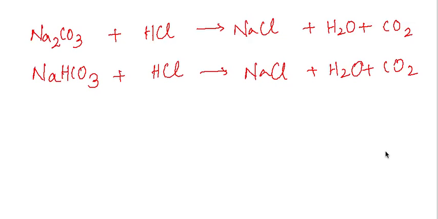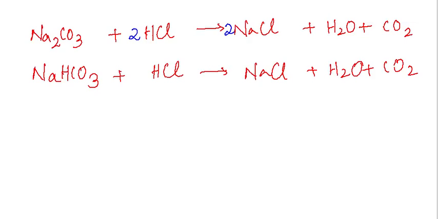Now you can observe that in both the cases the products which are getting formed are exactly the same. But when you balance this equation, you will get 2 over here and 2 over here. Other than that, the products which are getting formed are absolutely the same.